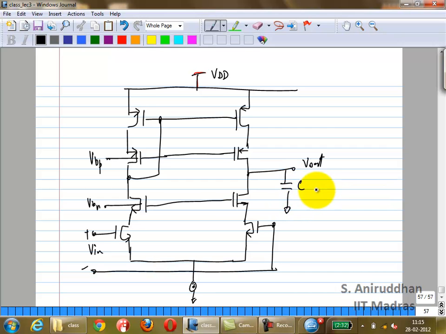So let me call this C. The cascode gates are biased at some VBN and VBP. We know how to generate these things, so we'll ignore it for now. But yeah, we know how to generate them, right? We have looked at this before. So we know how to generate VBN and VBP.